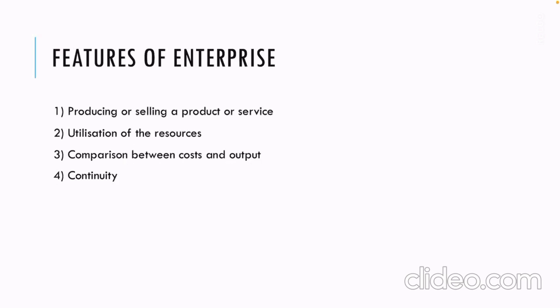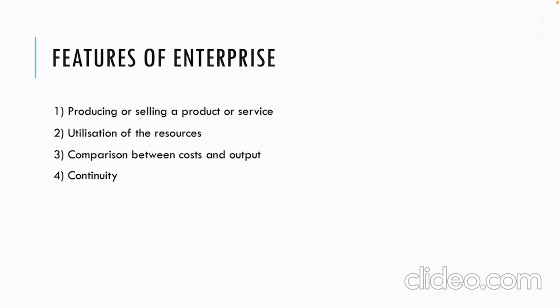Next, we'll move to the features of enterprise. A feature is nothing but the quality that defines an enterprise. The first feature is producing or selling a product or service.